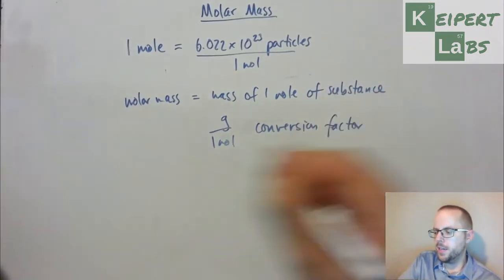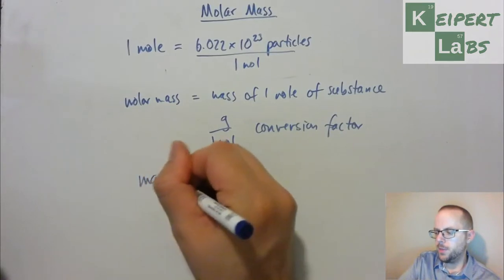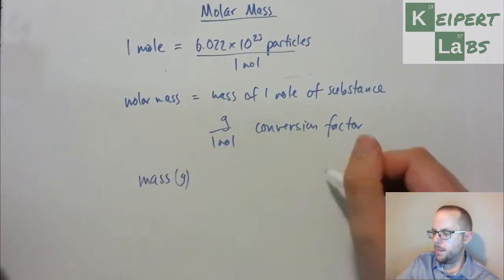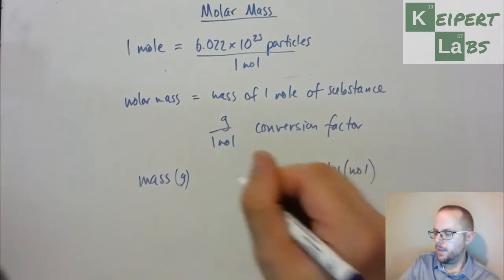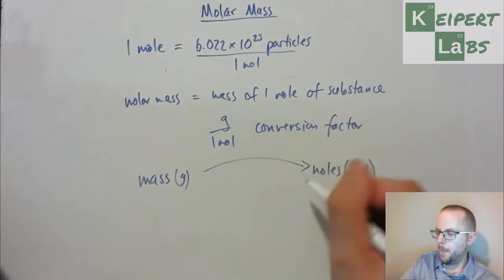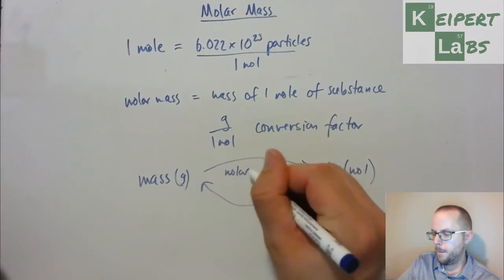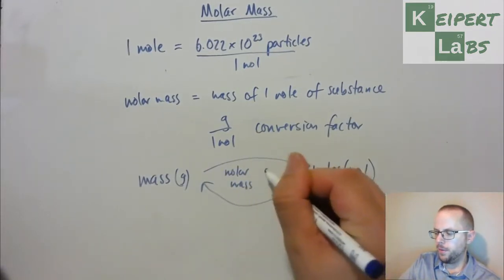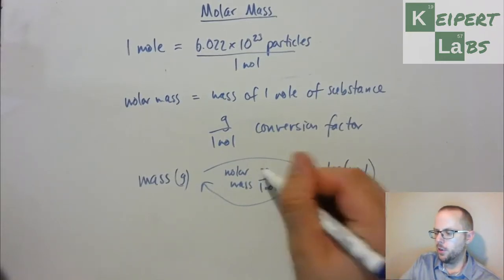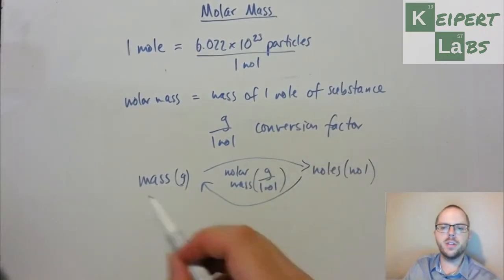We can use molar mass, in units of grams for every 1 mole, to go between mass in grams and moles.